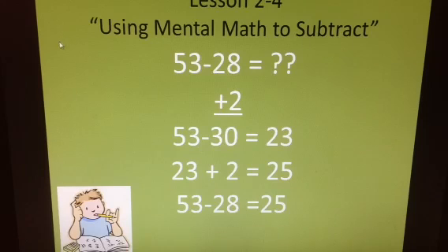Then he had to add those 2 back to that 23 to get 25. Since he took out an extra 2 here, changing 28 to 30, he has to add 2 to the answer he gets so that he can get his final answer. So he takes that 23, he adds 2 to get 25. So he knows 53 minus 28 is 25.